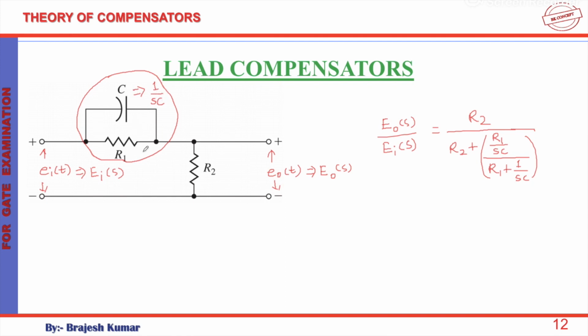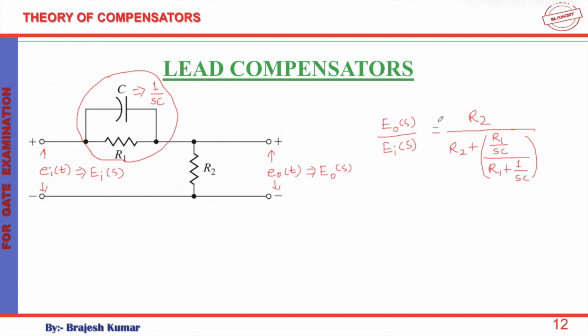So if you derive the equivalent impedance, you will get (1 upon sC multiplied by R1) divided by (R1 plus 1 upon sC). And the equivalent of this parallel combination is in series with R2. Clear? So it is in series with R2.